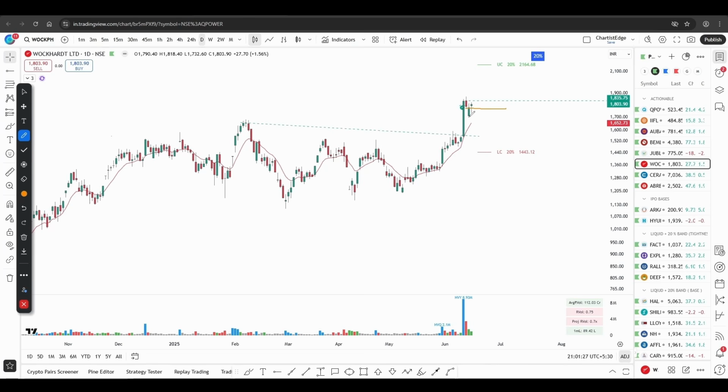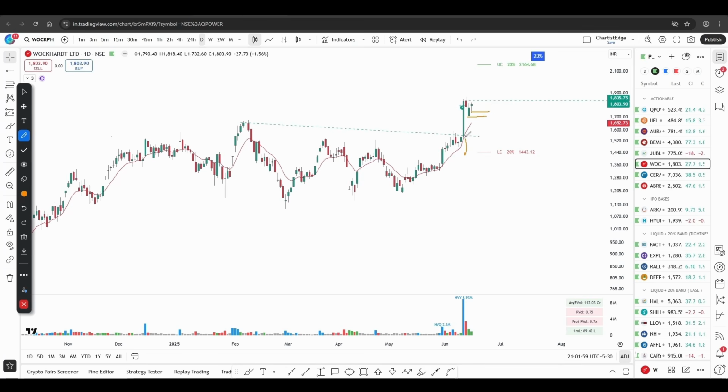The low got broken, but it closed above the lows, which was from this candle right here. Again today it tried to go down, and it again closed above it. What does this tell us? The buying pressure is getting stronger and stronger, and the strong hands are accumulating the price at higher levels.